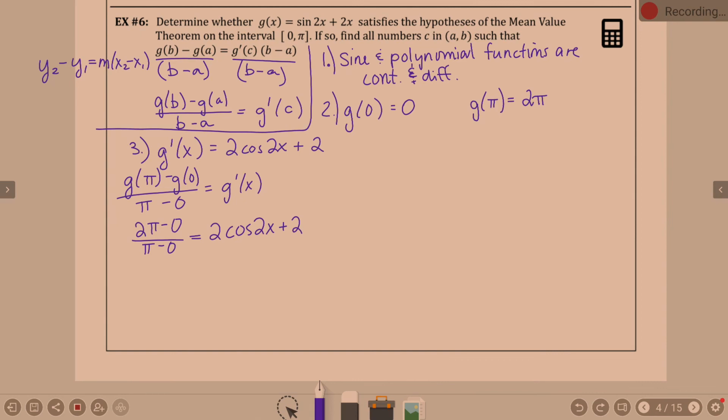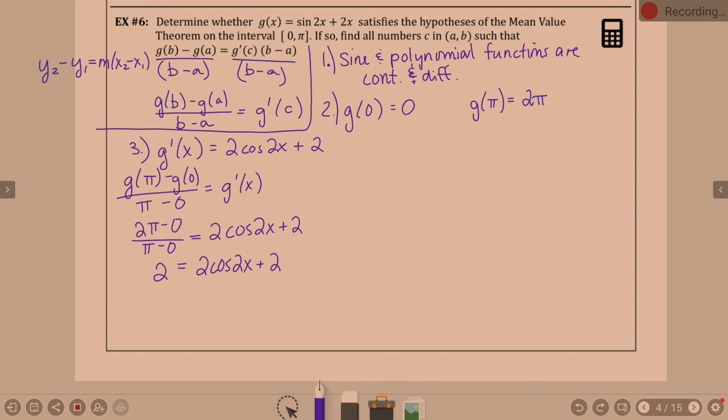2 pi minus 0 over pi minus 0 equals 2 cosine 2x plus 2. 2 pi minus 0 over pi minus 0 is going to be 2 pi over pi, which is 2, equals 2 cosine 2x plus 2. What do you want to do? Subtract 2 would be an option.